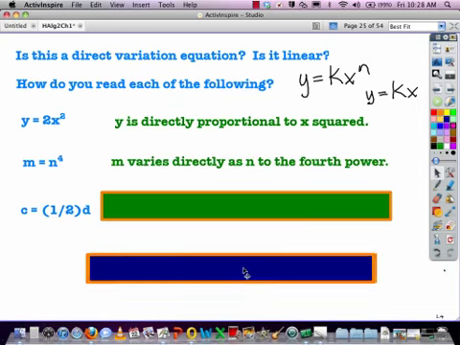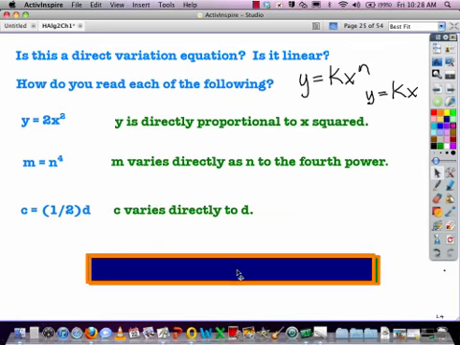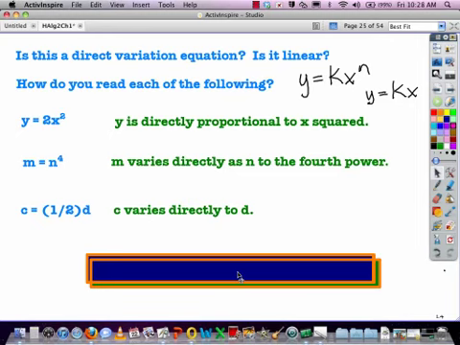Second one, m varies directly as n to the fourth power. You could have also said m is directly proportional to the fourth power of n. Another way to say it. You have a couple choices. And the last one, c varies directly as d. You could have said c is directly proportional to d, would be correct.